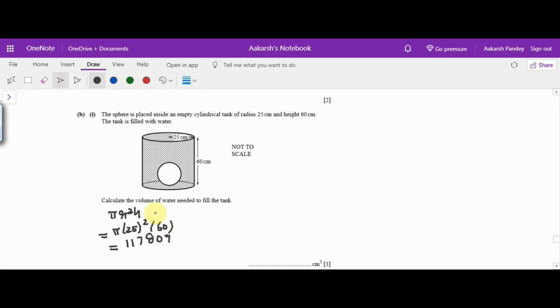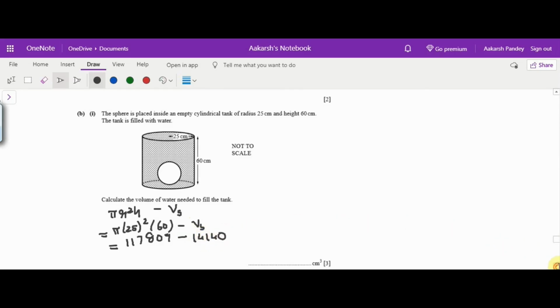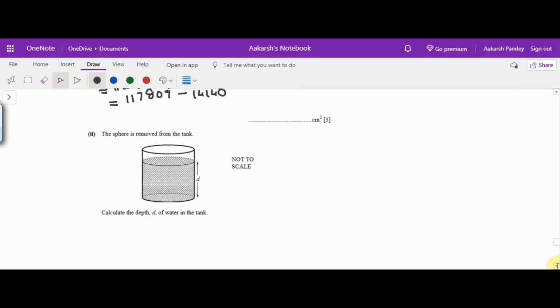That is 117809 minus volume of sphere. We just calculated that to be about 14140. So just subtract it and write.